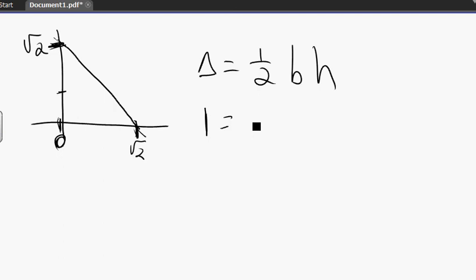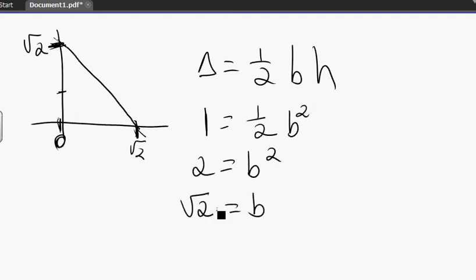So 1 has to be equal to 1/2 times the base squared. Why don't we just call this base squared? Does that work for you? Okay. You multiply this by 2 on both sides. Nice.